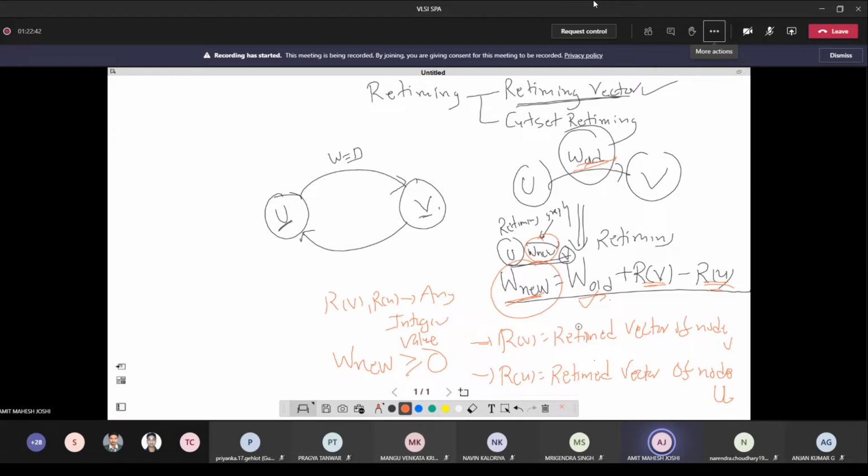So whenever we are assuming RV and RU, they have to be integer values and you have to ensure that W new is not negative. This condition you need to satisfy, and with that you need to assume the values of RV and RU. Now let's try to understand the retiming for this particular graph.